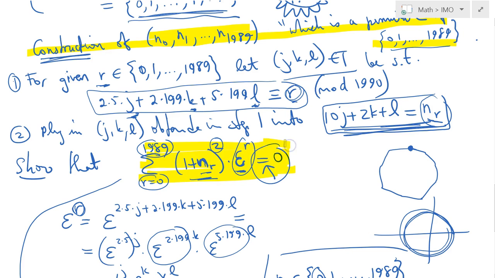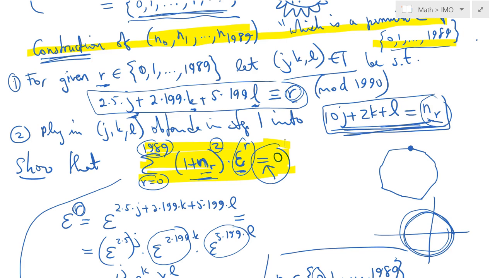But then by the lemma that we proved at the very beginning, whenever that happens, it proves that our polygon is equiangular, and the side lengths are in the given order, right?